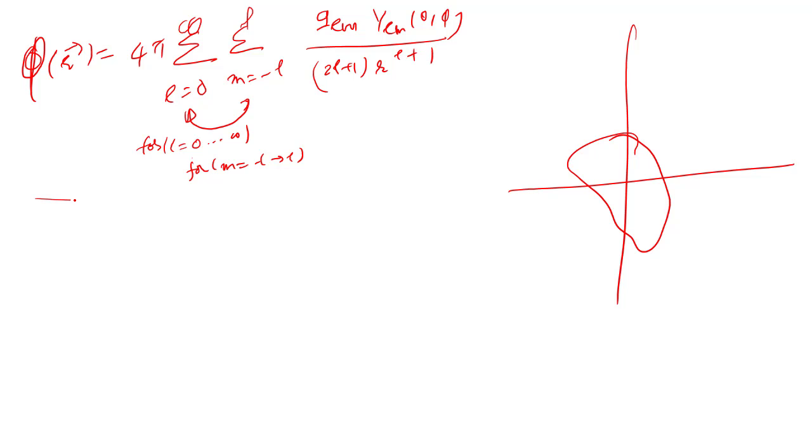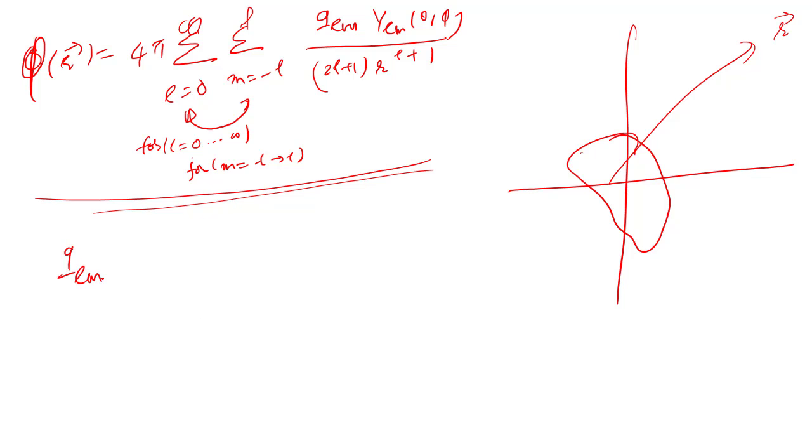So this is in general the expression for potential at some r from any arbitrary body, and this q_lm is what has the information about how charge is distributed over the body.